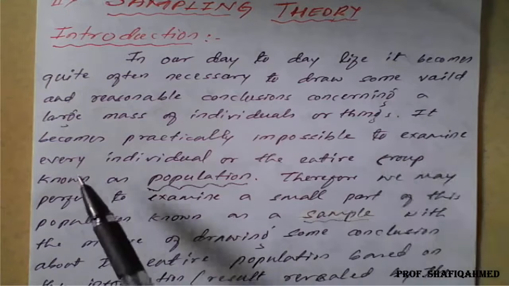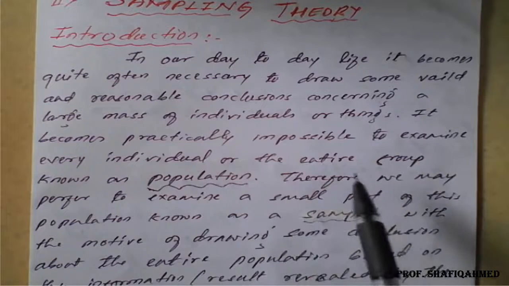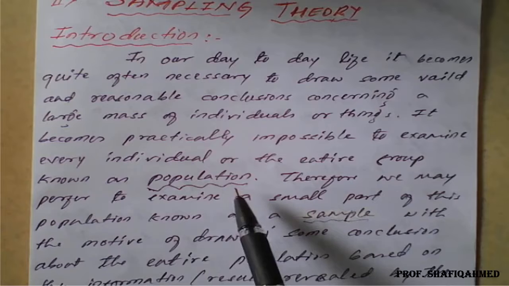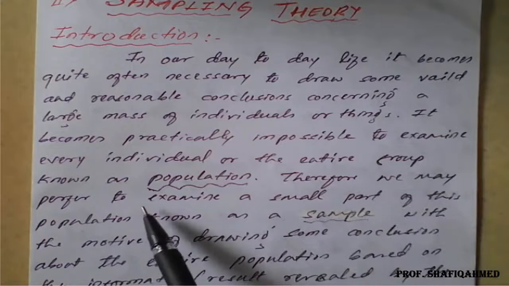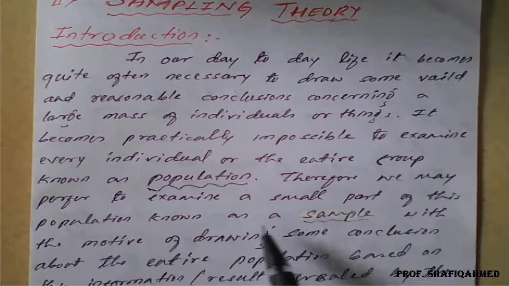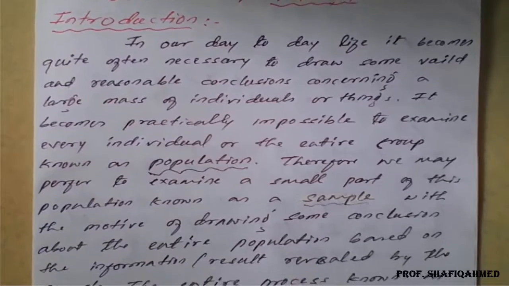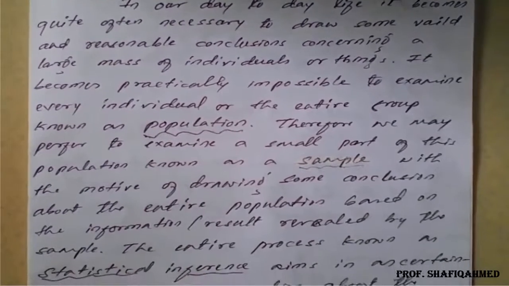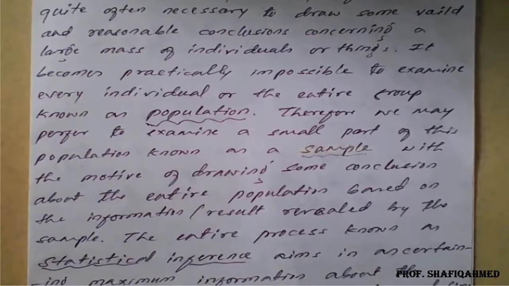Practically, it is impossible to examine every individual or the entire group known as the population. Therefore we prefer to examine a small part of this population, known as a sample, with the motive of drawing some conclusion. With the help of that we conclude whether we need to purchase that sweet or not, based on that small taste only.